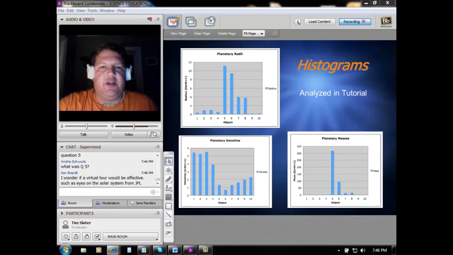So they notice, oh, there's some big planets in the planetary radii up there, or on the bottom there's some planets that are massive, others that are not. But then when we look at density, you see there's some planets that are dense, others that aren't, and then you say, hey, look, Pluto and Eris changed teams. They're now over on the other side with the lower density objects.